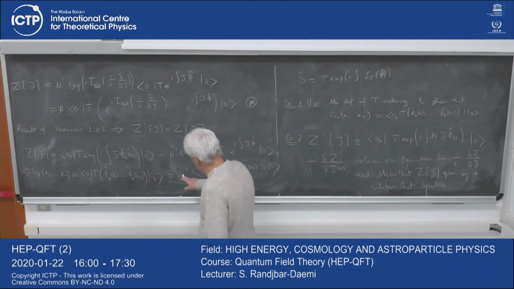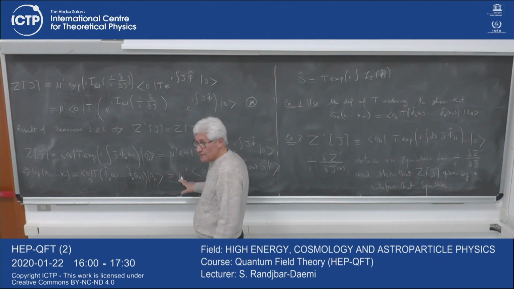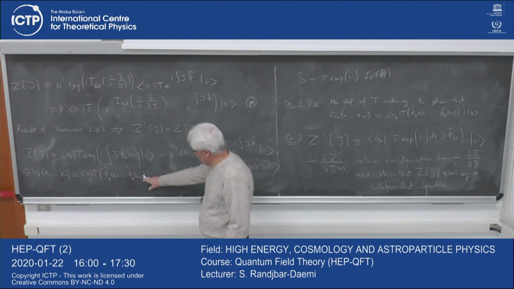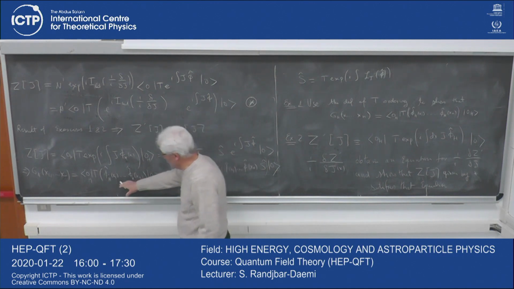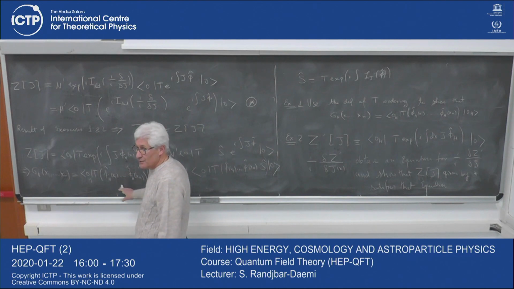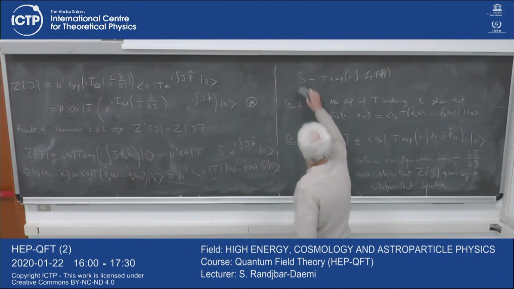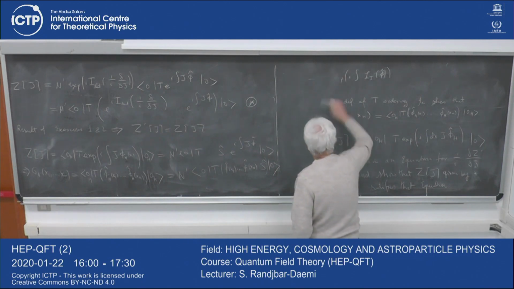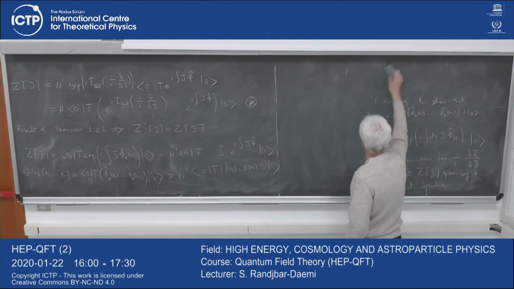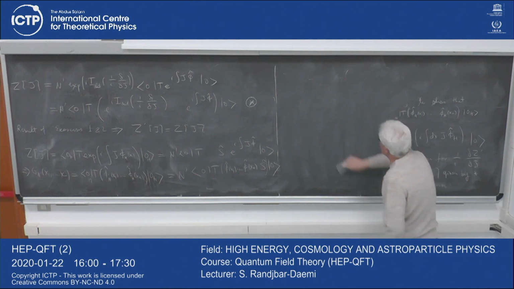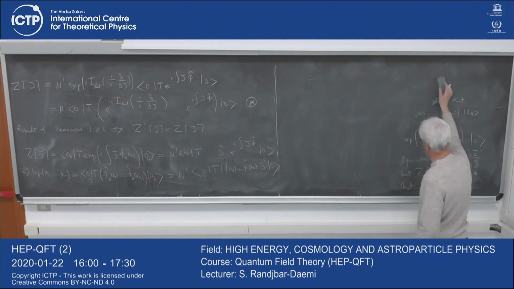And this helps us to tell what this normalization factor should be. Because if you put n equal to 0, here you will have no operators. So you will just get ground state times ground state. On the other hand, on the right-hand side, you will not get ground state times ground state. You will get something else.